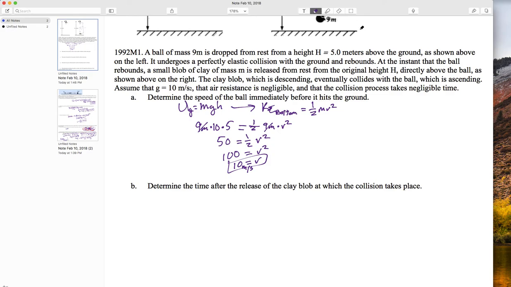So they occur when they're at the same height. Now where that height is, we don't know, but this collision is going to occur when they are both in the same place.